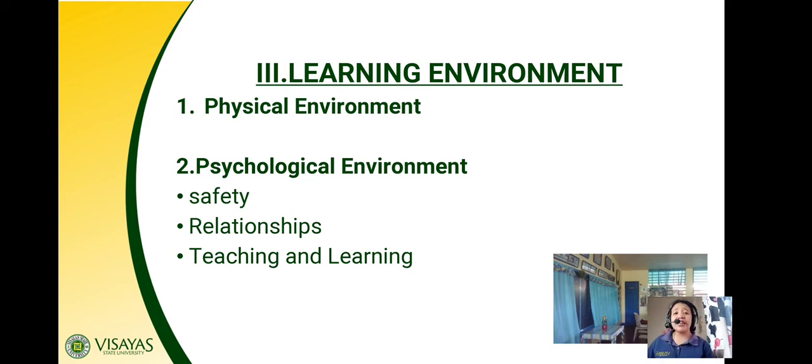So safety, it includes the rules and regulation that has been implemented in order to avoid bullying and other problems inside the classroom. Then we have relationship, the communication between the teacher and the learner, and then the teaching and learning process itself.